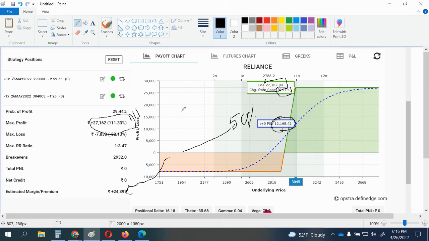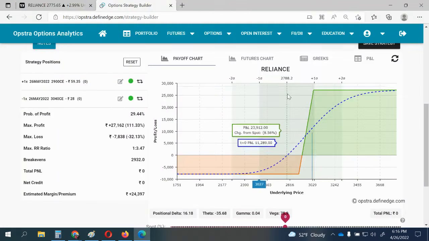All right, so now let me clear out everything. Okay, sorry. Now on the contrary, let's say you have deployed this equal amount of 25,000 in the normal equity market. When I say equity market, you go to Reliance, you buy one Reliance worth 25,000.